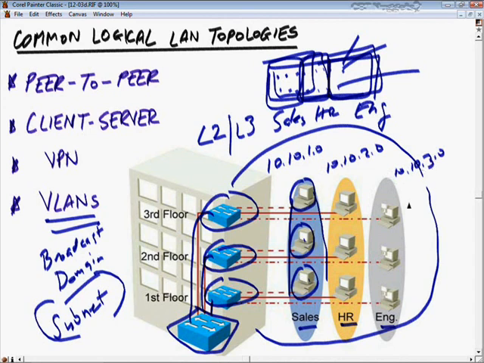And by the way, at this point, all of these devices are in their own VLAN. They cannot talk to one another. They cannot send traffic from one VLAN to the other. In order to do that, we need a router.